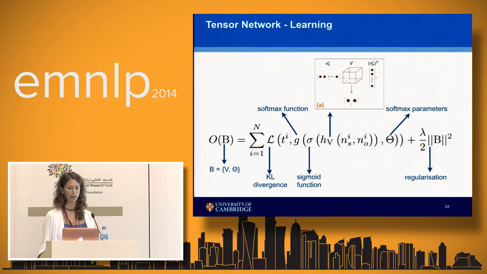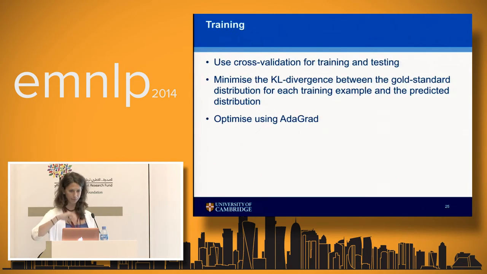The full parameter set which needs to be optimized is B, where B is equal to V and theta, and theta, true or false, are the softmax parameters. So it's quite easy to do a binary classification based on this.